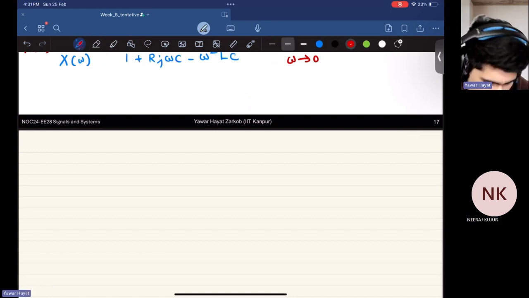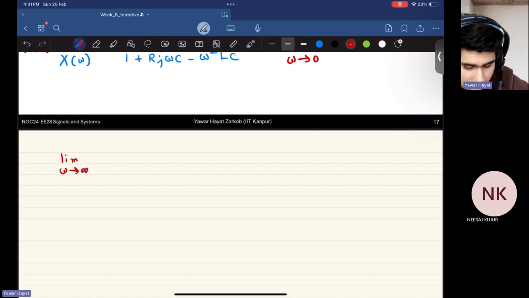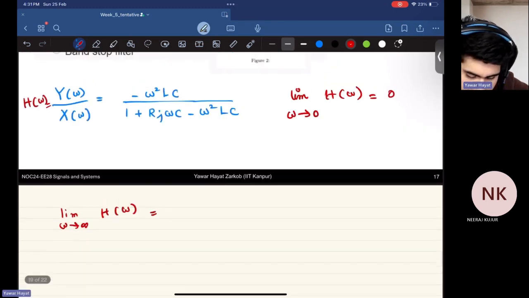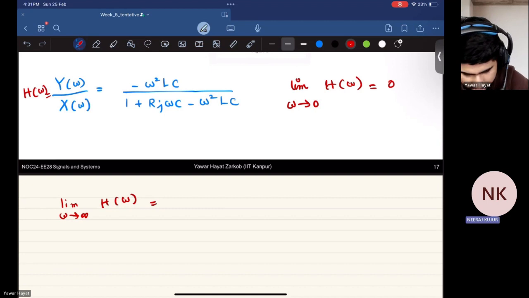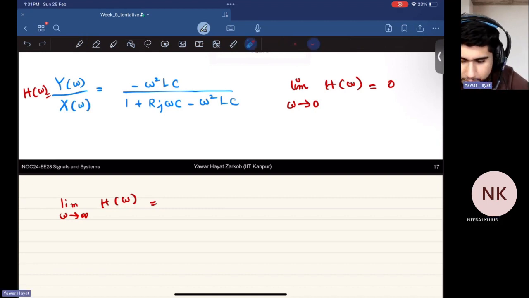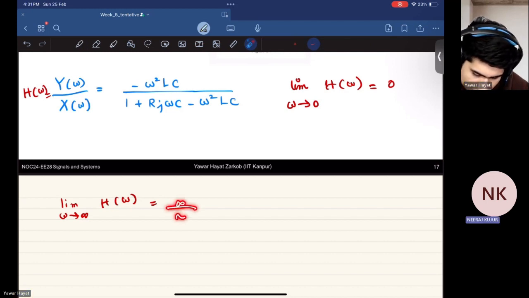For this limit, omega tends to infinity, h of omega. I'll use L'Hopital's rule. Why should I use L'Hopital's rule? To avoid indeterminate form. Yeah, and which indeterminate form were we encountering in this case? Infinity by infinity.